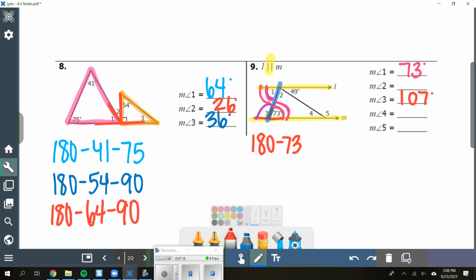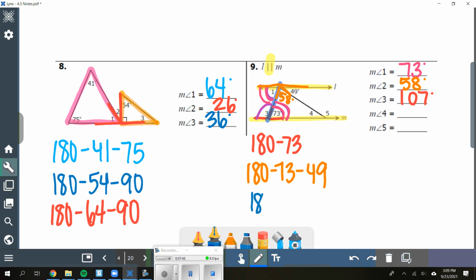And then something like we just saw on the other side. We have 3 angles forming a straight line. Now angle 1 and angle 49, so we can find angle 2. 180 minus 73 minus 49, 58. And now that I have angle 2, I have all but 1 angle inside of that triangle.